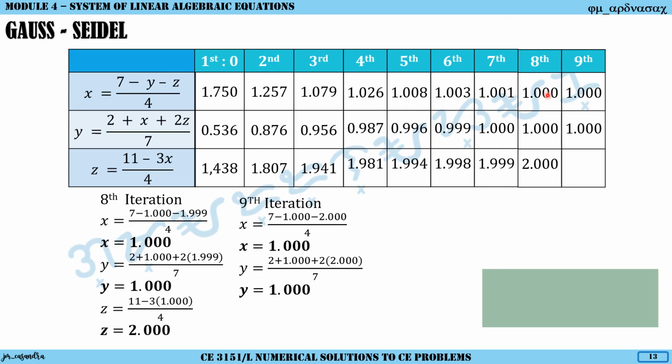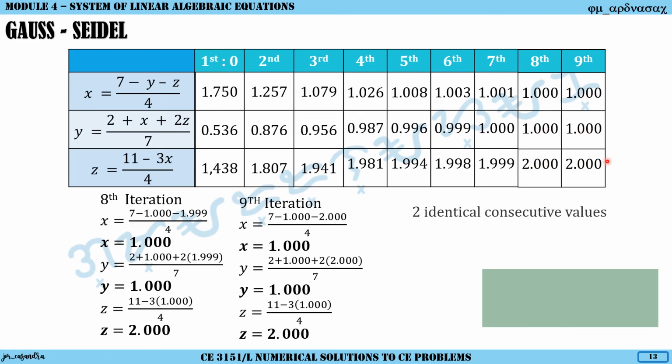And then for z, 11 minus 3 times the latest value of x, which is 1, will give us 2. So 8th and 9th iterations are already identical. So we stop already at the 9th iteration. So our solution now will be for x is 1, y is 1, and z is 2.